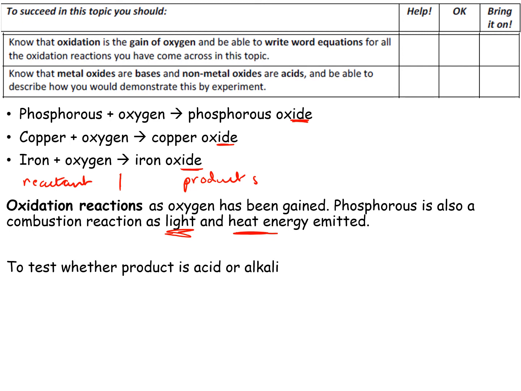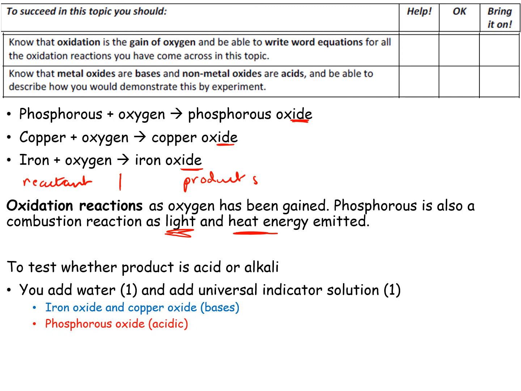To test whether these products are acid or alkali, there's a two-step procedure here. You can add water, and you'll get 1 mark for that in the exam, and then add universal indicator solution. You'll get another mark for saying that if they say what is the procedure to test whether products are acid or alkali. Now, all of your metal oxides are bases.